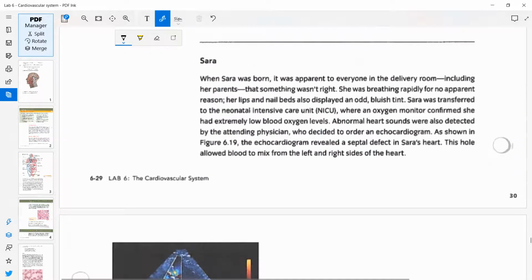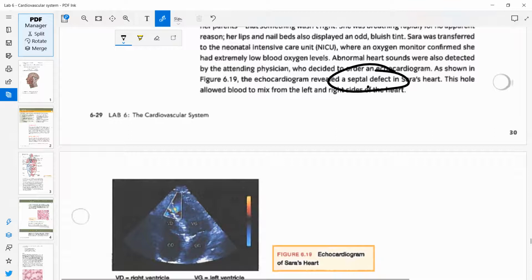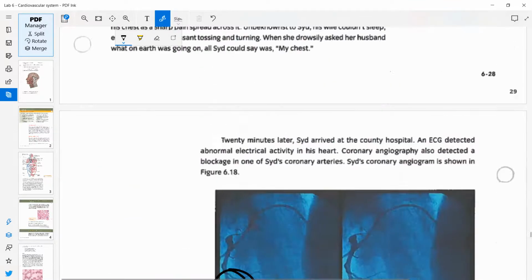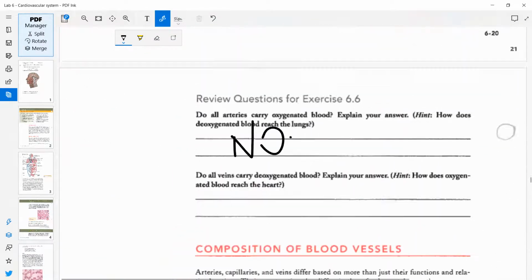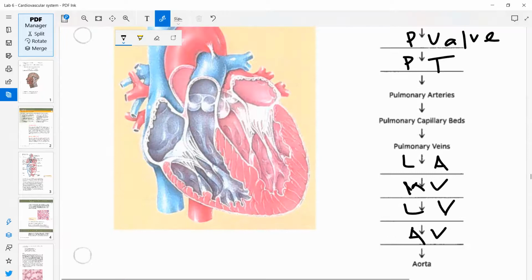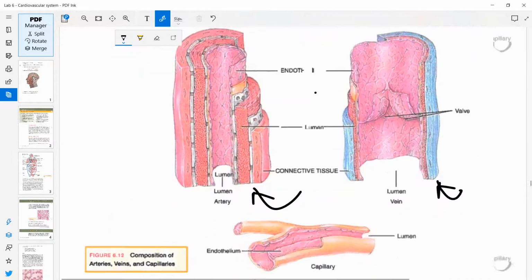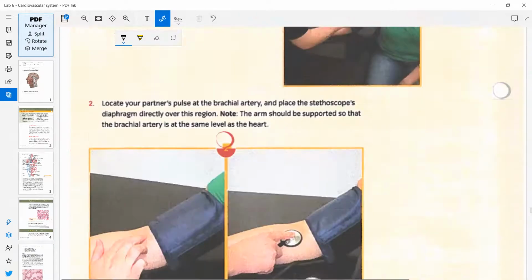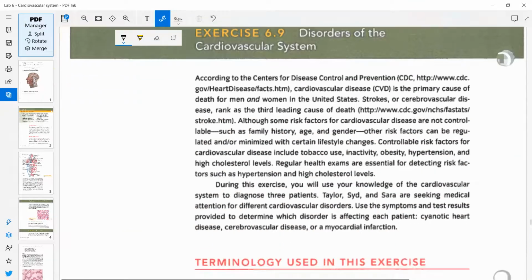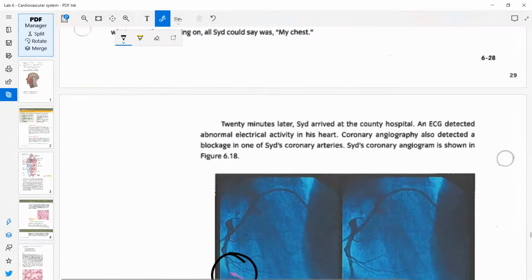So Sarah has a septal defect, meaning that there is a hole in the interventricular septum of her heart. So we have that picture of a heart. Bear with me. So septal defect means that somewhere here in the heart there's a hole between the two ventricles, and the oxygenated blood from the left ventricle is actually being pushed into the right ventricle.